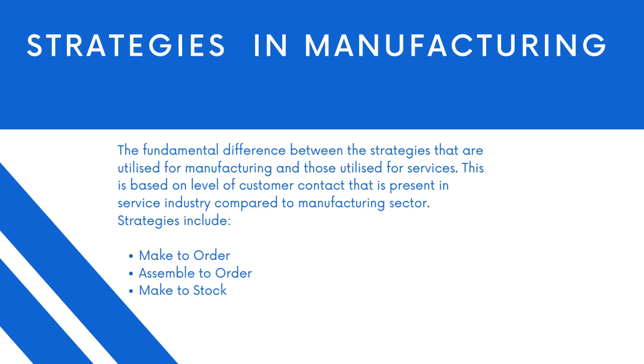Then we have make to stock, which is a large inventory of products that is available ahead of customer orders. A lot of it is based on forecasted orders, so what the customer is forecasting their specific demand to be on that particular product. There's a whole array of continuous flow of manufacturing that then occurs.